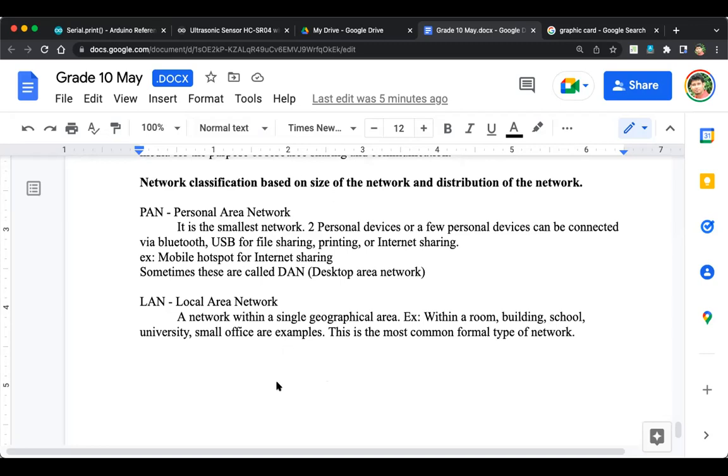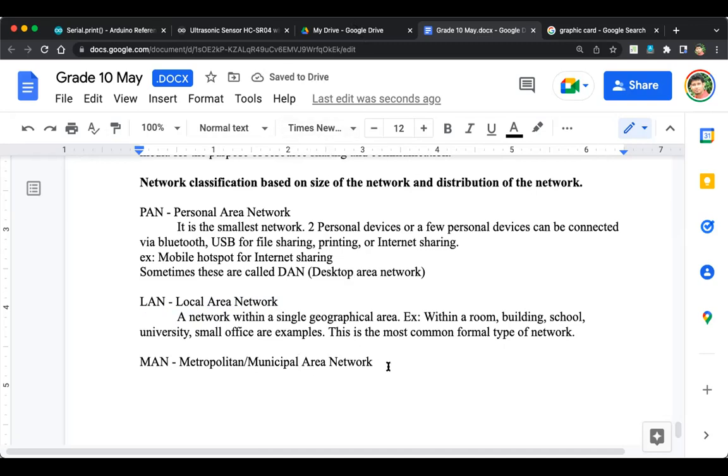So then the next is MAN, right? MAN is Metropolitan Area Network. Sometimes this is referred to as municipal area network, like the municipal council, Nagara Sabha.